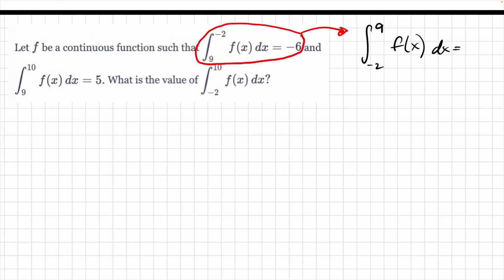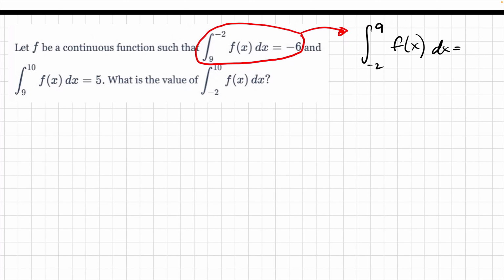The 6 is actually supposed to be positive. Okay. 10 to 9, good. That one's good. What is the value from -2 to 10?